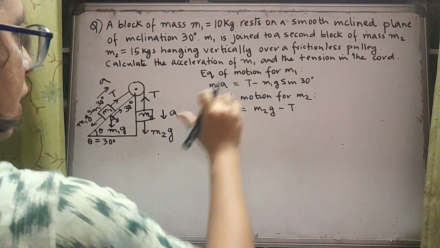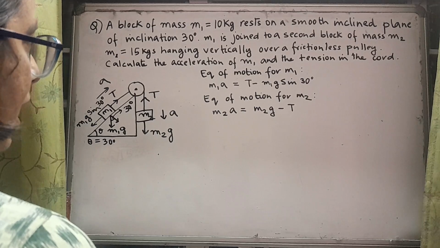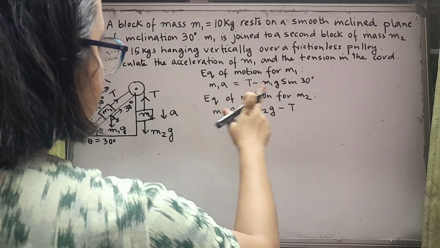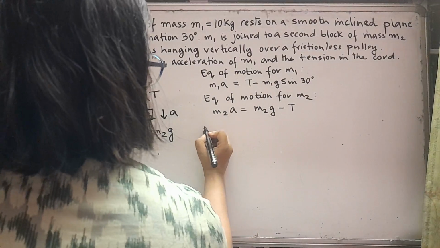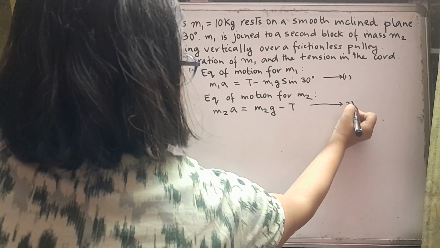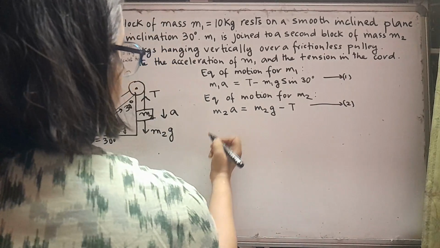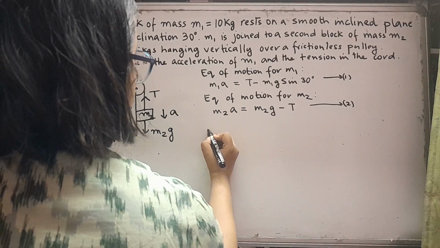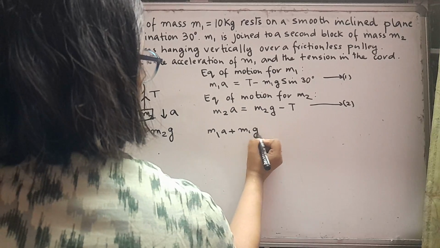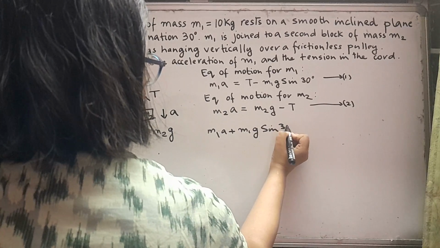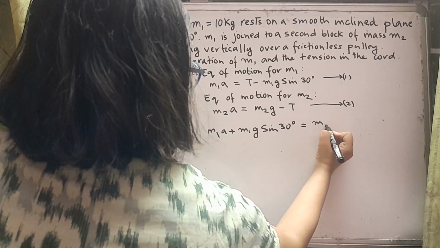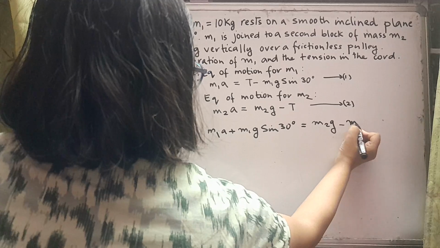Now from these two equations I can get my a. If I equate T on both sides, from equations 1 and 2, T is m1a plus m1g sine 30, and T from the second is m2g minus m2a.